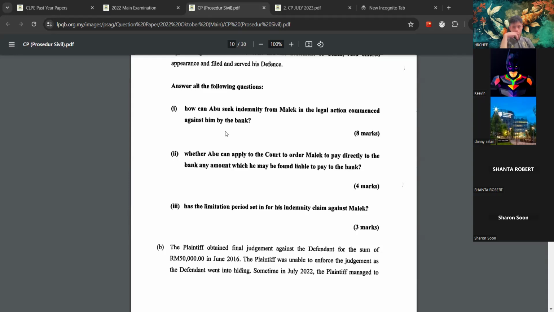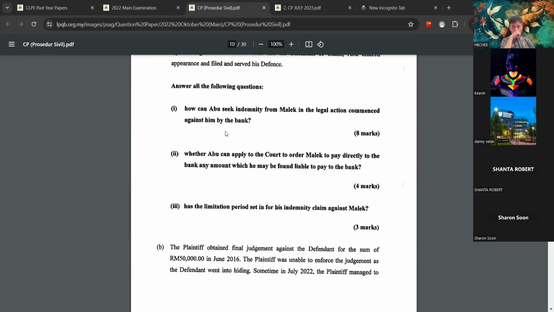Because when you are using the non-joinder, you cannot use the third party proceeding already. So the best thing is you bring a TPP, a third party proceeding, against Malek.